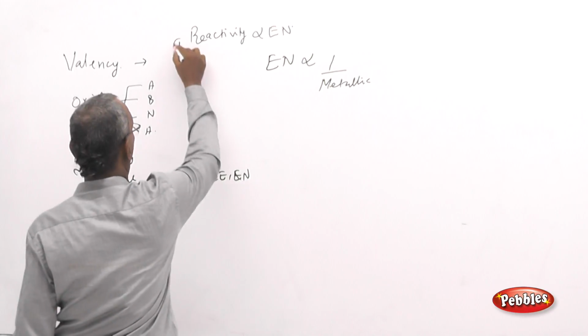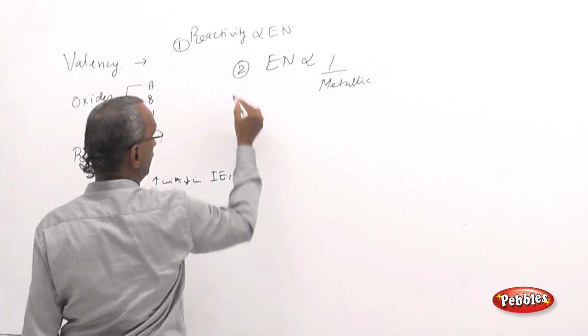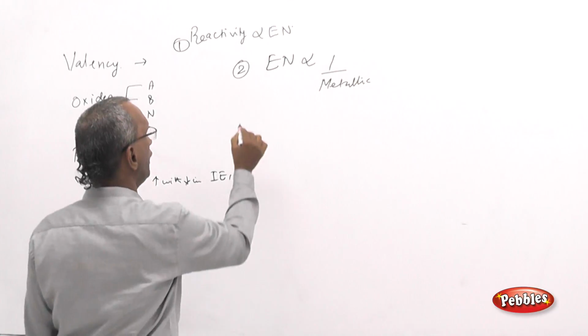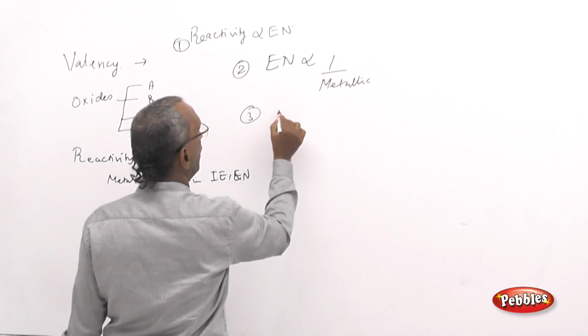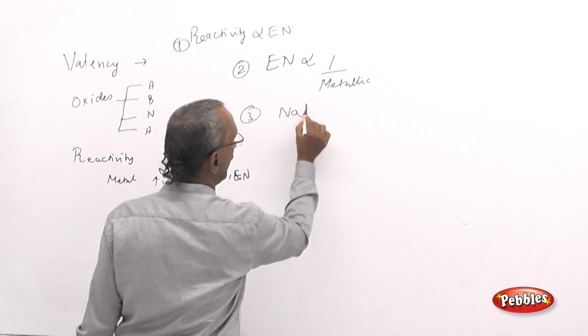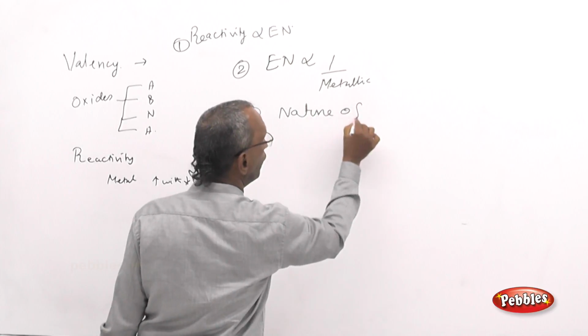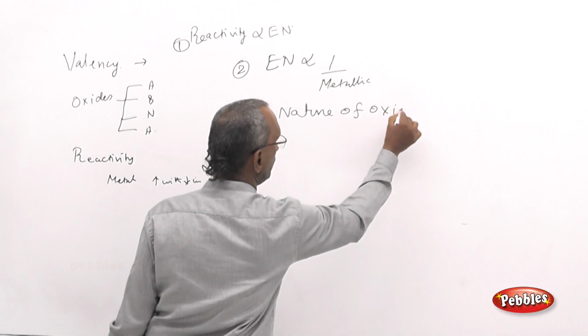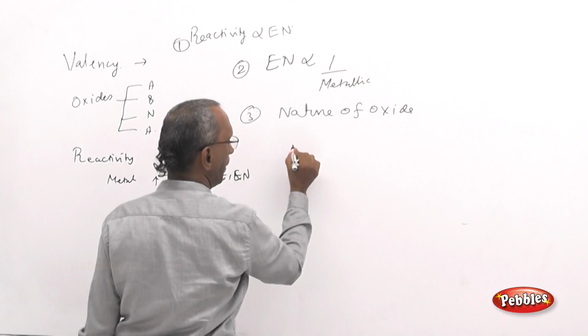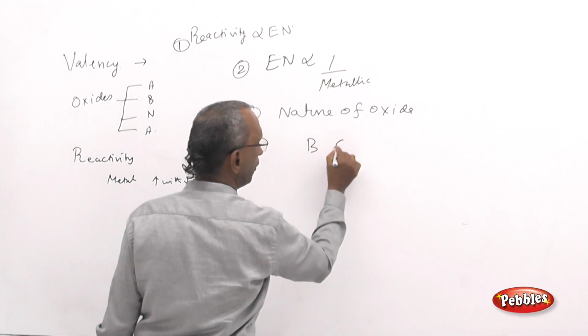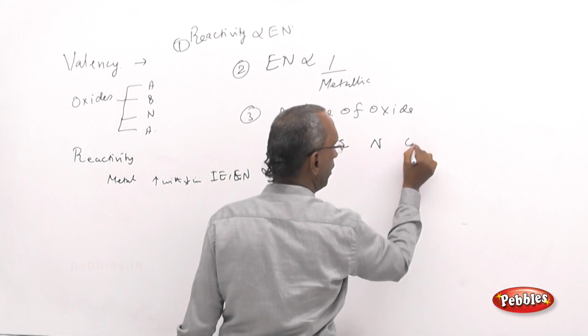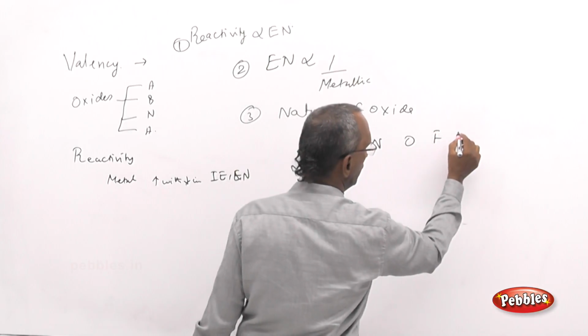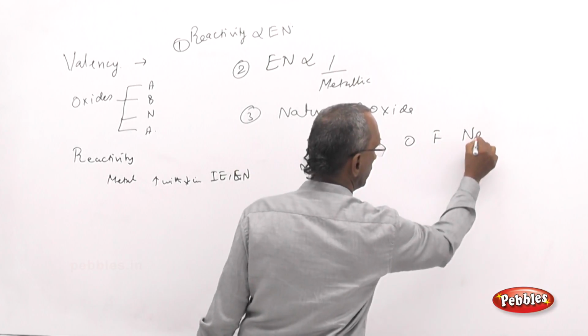Third property which is influenced by electronegativity: the nature of oxides. The same we will compare: boron, carbon, nitrogen, oxygen, fluorine, neon, like that.